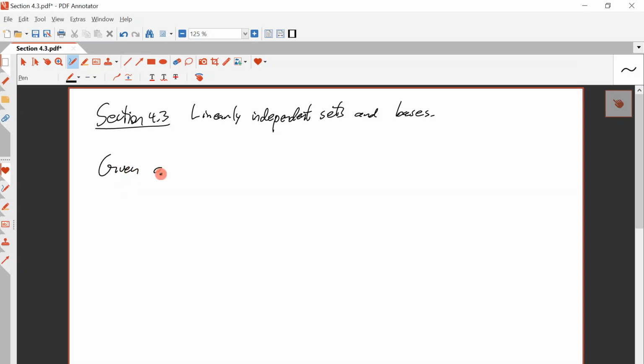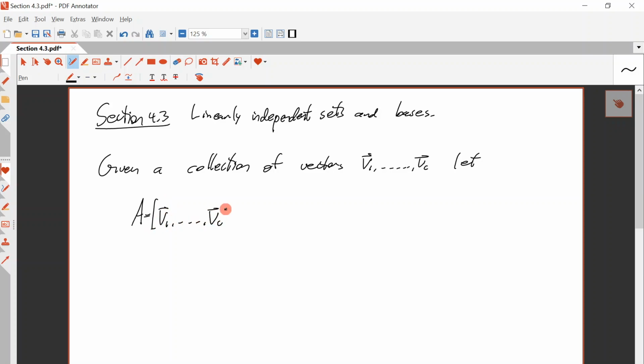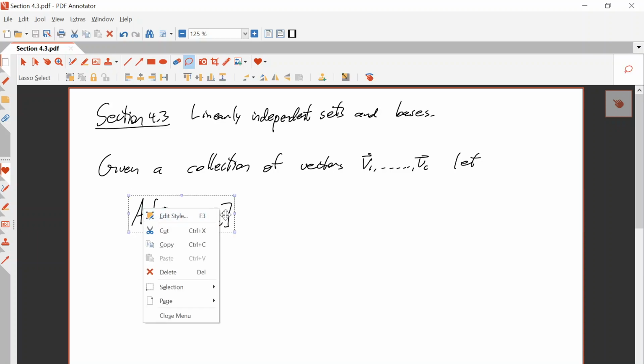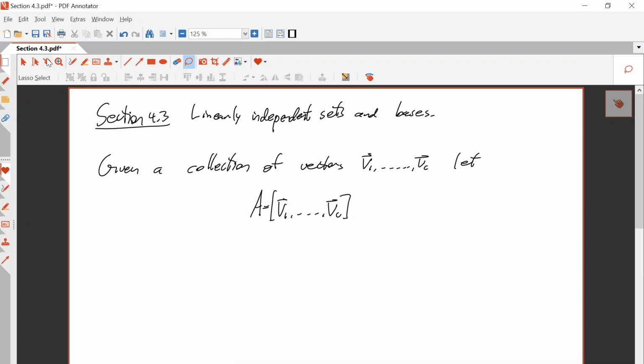Given a collection of vectors v1 to vc, let A be equal to the matrix whose columns are the v's, and let S be equal to the column space of A. So let A just be the matrix with those guys as columns.